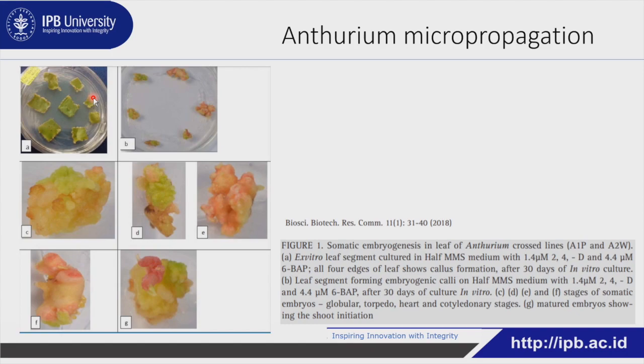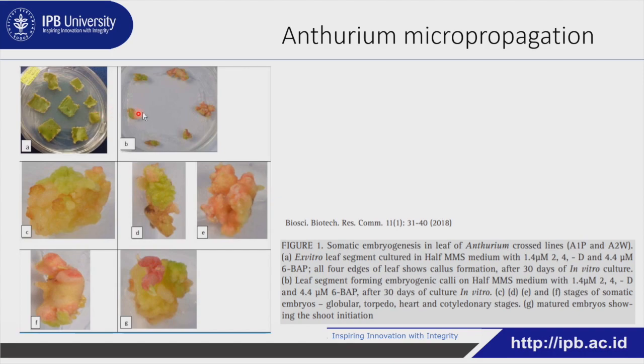You can search the literature if you're interested. The situation is almost like gerbera. It's not that easy to get new plants from one cluster, and on the other hand the demand for anthurium is really high, so they decided to use somatic embryogenesis here.